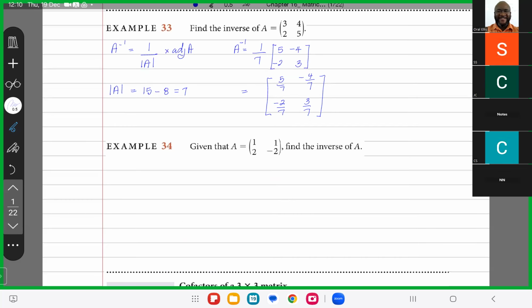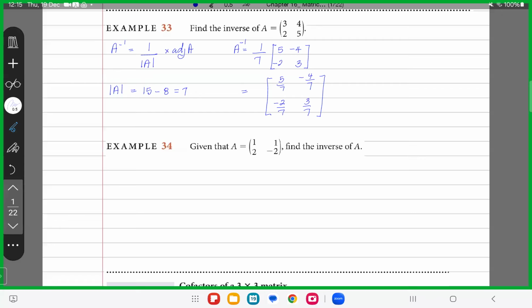Example 3. Now, given that A is the matrix 1, 1, 2, -2, we're to find A inverse.